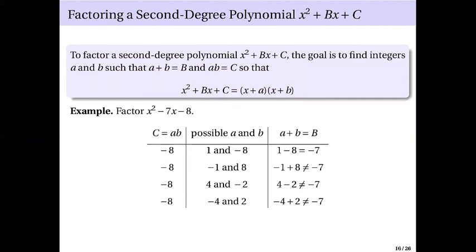But again, on our first try, we have the correct pair. And therefore, x squared minus 7x minus 8 is equal to x minus 8 times x plus 1. So we have the correct factored form.